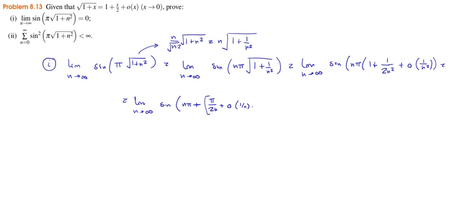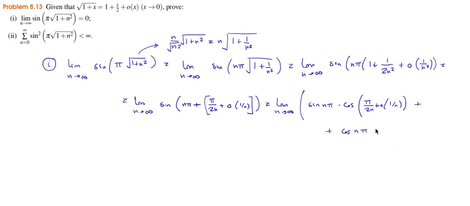So this is the sine of a sum, so we can use the formula for the sine of the sum: the sine of n times pi times the cosine of pi over 2n plus small o of 1 over n, plus the cosine of n times pi times the sine of pi over 2n plus small o of 1 over n. Okay, this is the whole limit.